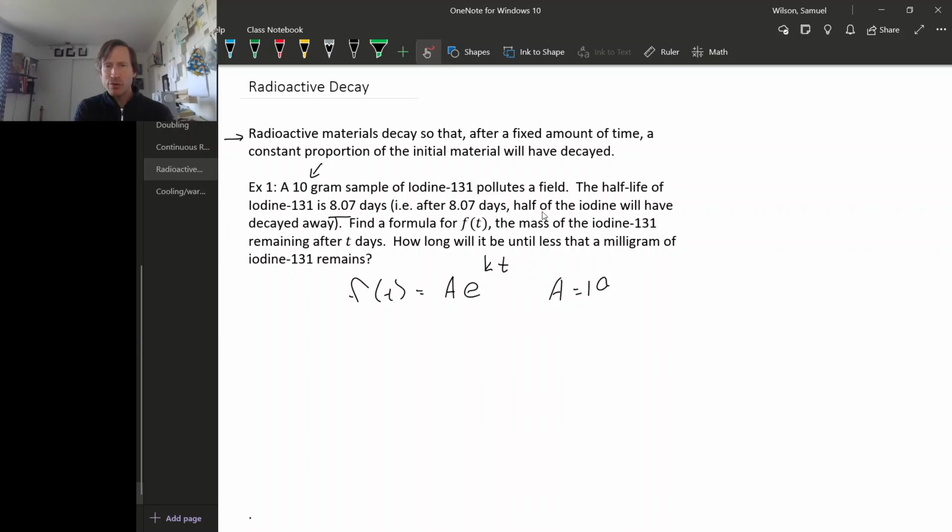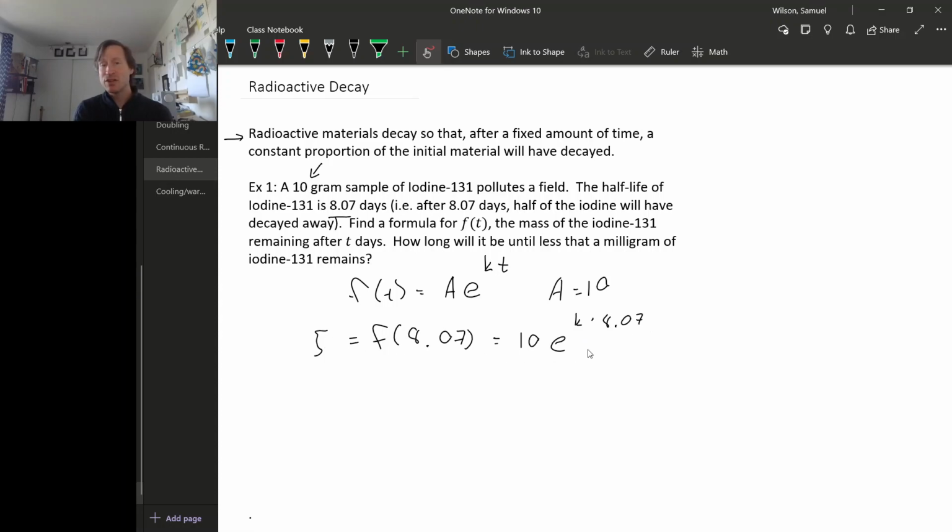Also, the half-life is telling us that if we wait the half-life, 8.07, half of the initial amount is left, so that would be 5. So f of 8.07 is 5, and we can plug this into our formula. We know a is 10 times e to the k times t, and we don't know k yet, but we're plugging in 8.07.